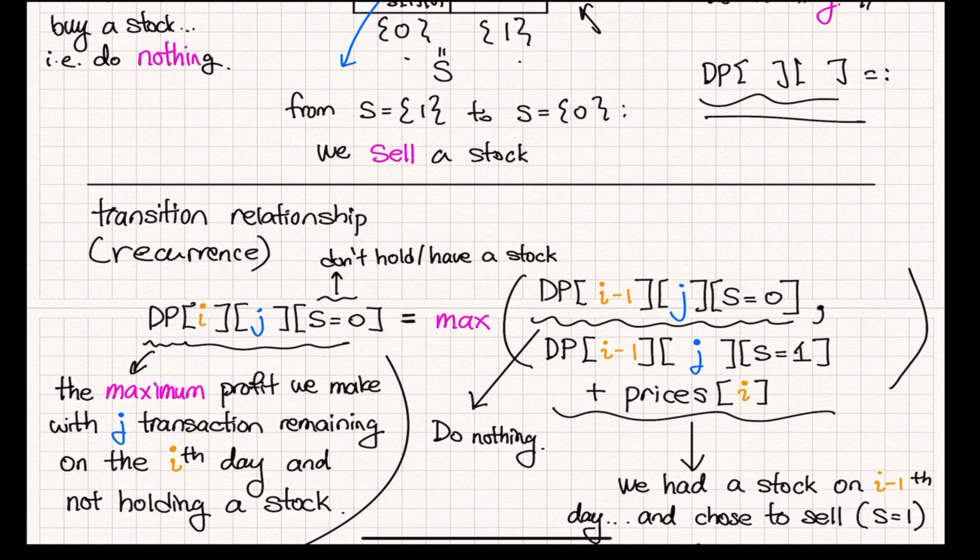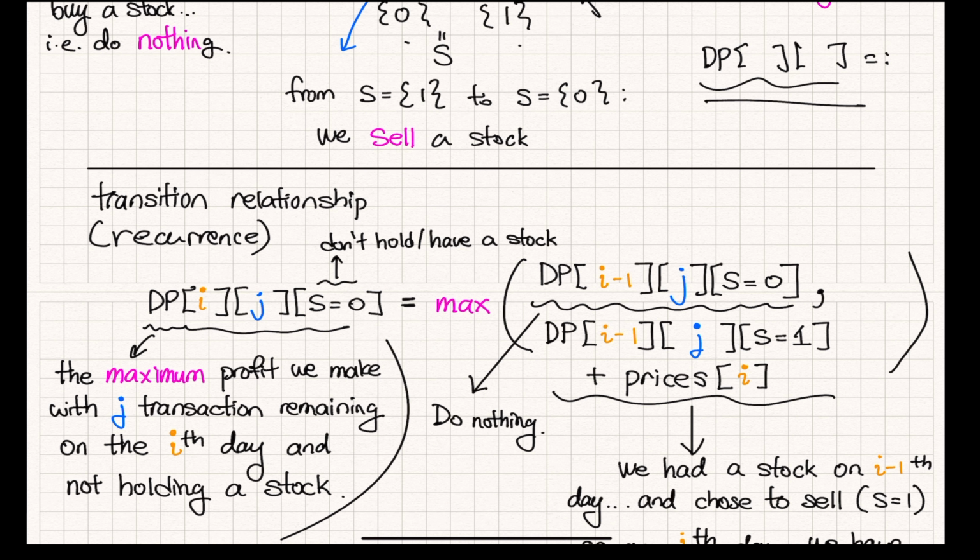Here is my transition relationship, or recurrence relationship. dp of i, j, 0. That means the maximum profit we make with j transactions remaining on the ith day, and we are not holding a stock.